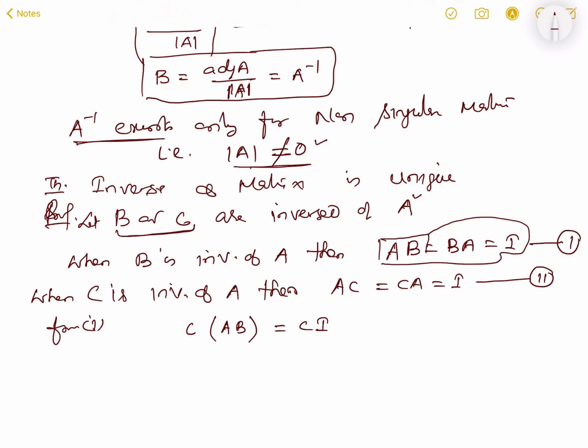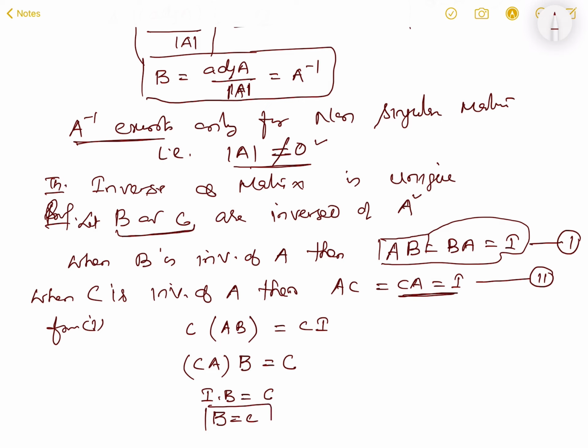AB is equal to I multiplied by C. Through associative law, this can be written as, order should be changed, CA into B and C into I is equal to C. As from the second condition, just you see here, if C be the inverse of A, then CA is equals to I. So put this value, I into B is equal to C. I be an identity matrix of the same order as B, so this can be written as B equal to C.